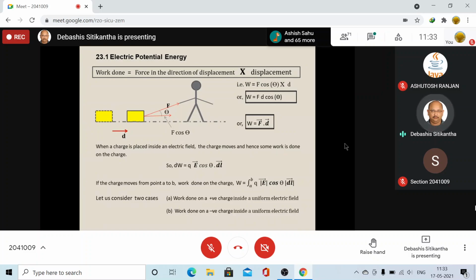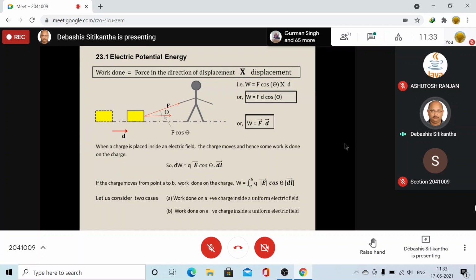So when the work is done by the uniform electric field, it is considered as positive work. That means if you place a positive charge inside a uniform electric field, it is going to move on its own along the direction of the electric field.